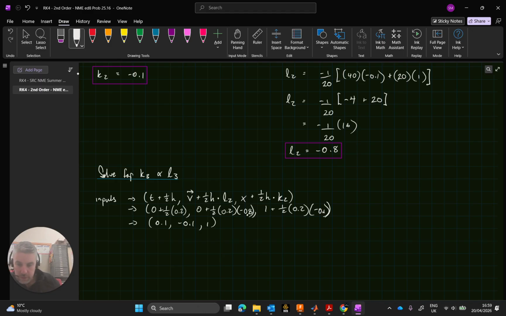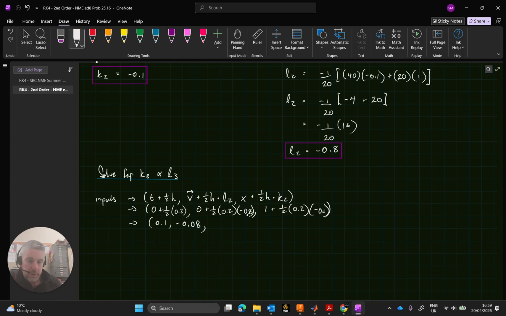Okay, so this is going to stay 0.1 obviously, because we haven't adjusted it any. And then let's see, can we work out values here for our new input value for V and new input value for X. So 1/2 of 0.2 is 0.1. 0.1 multiplied by minus 0.8 is going to be minus 0.08.